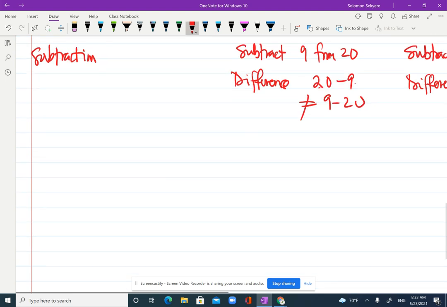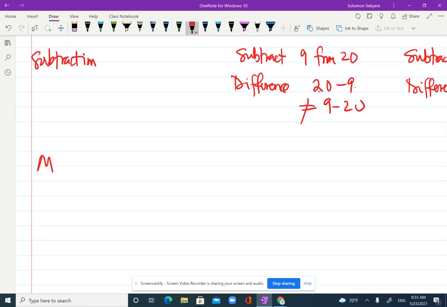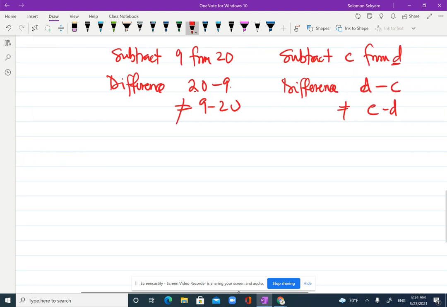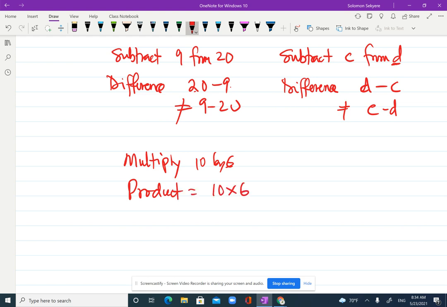What about multiplication? If I say multiply 10 by 6, multiplication is called product. So the product equals 10 times 6, and it is the same as 6 times 10.